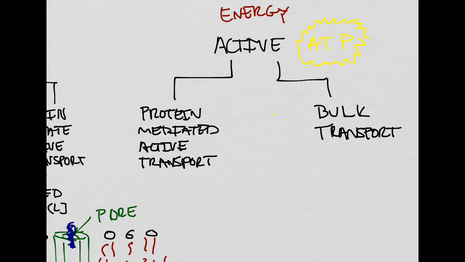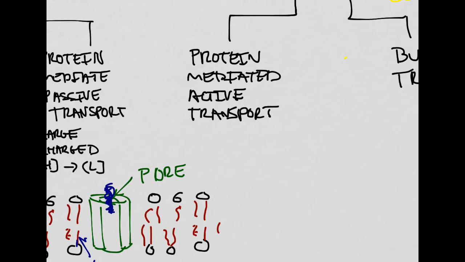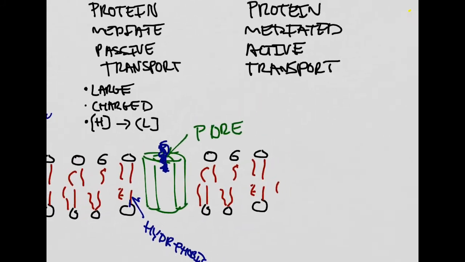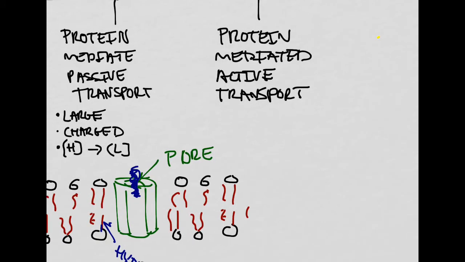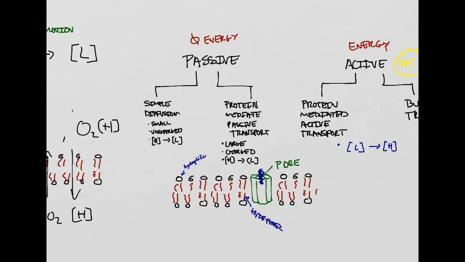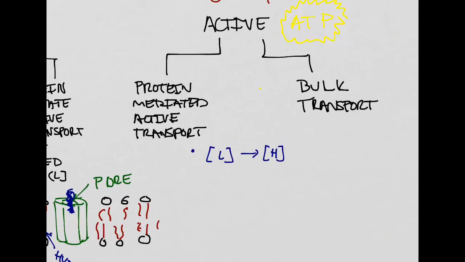In protein-mediated active transport, we've still got a protein embedded within a membrane, but in this case, we're moving large charged or small uncharged molecules against the concentration gradient. So the big key here is that we're moving from low concentration to high concentration. We can't rely on molecular motion to drive this reaction forward. We've got to spend some ATP to move things into the cell.